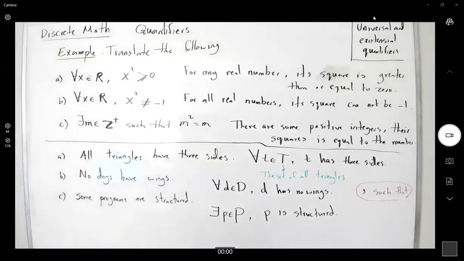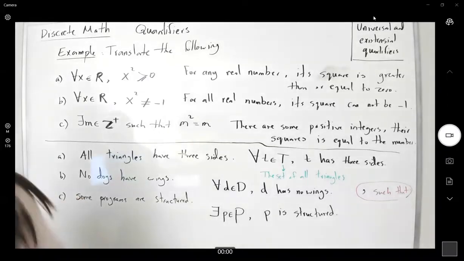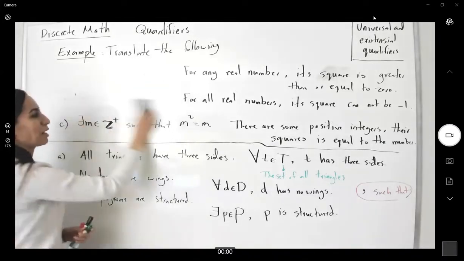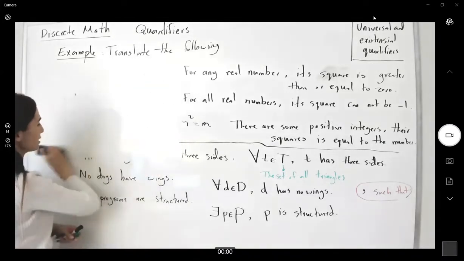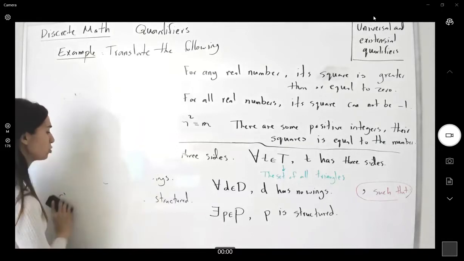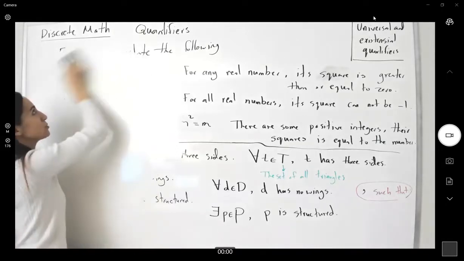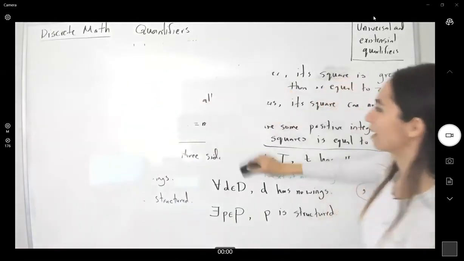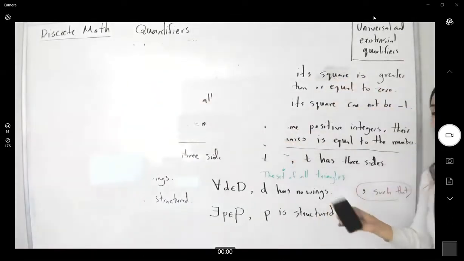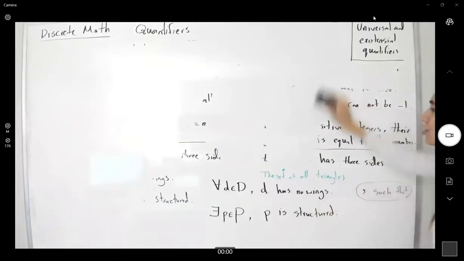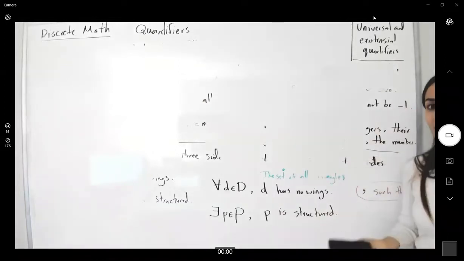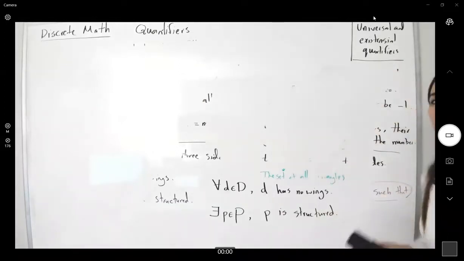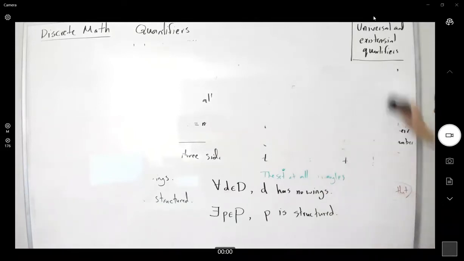Perfect. So now we talked about universal statement, existential statement. I expect you to ask, well, what if they have implication? Implication is universal or is it existential? Which quantifier should be used for that?